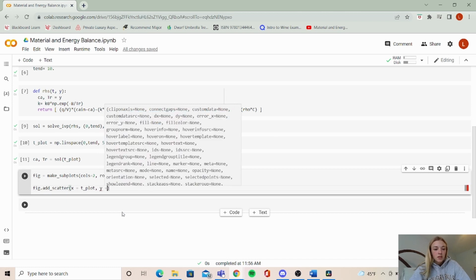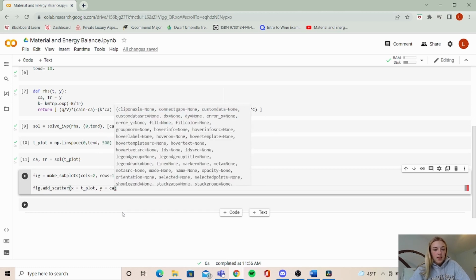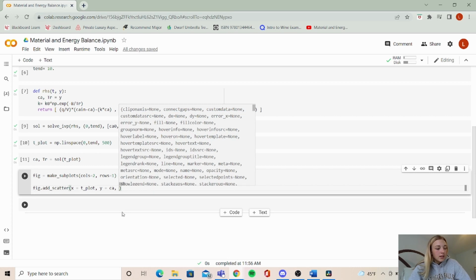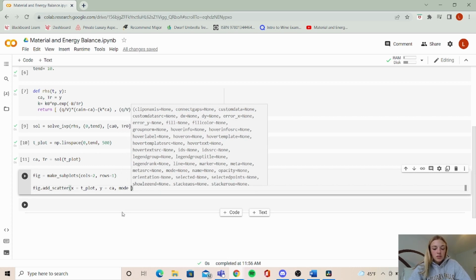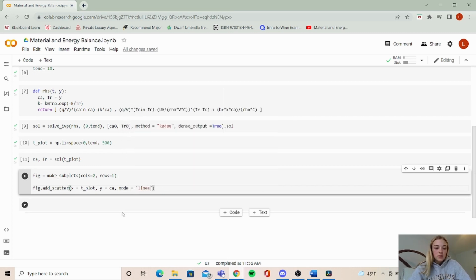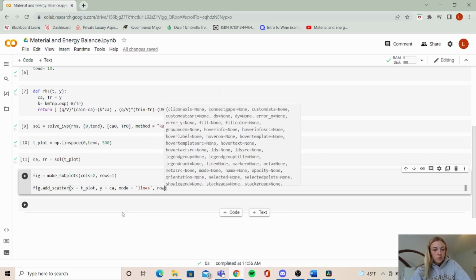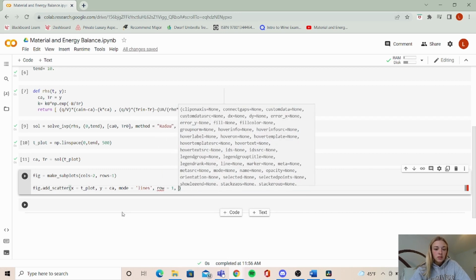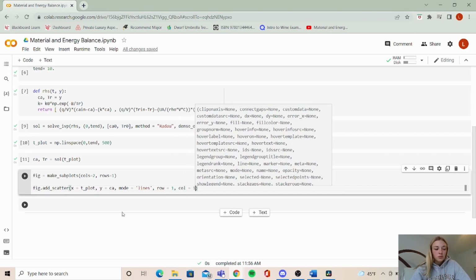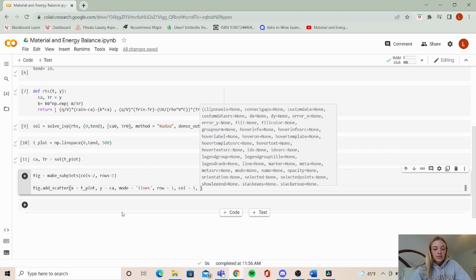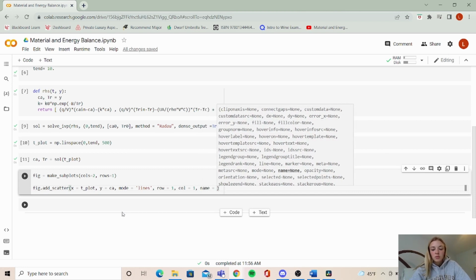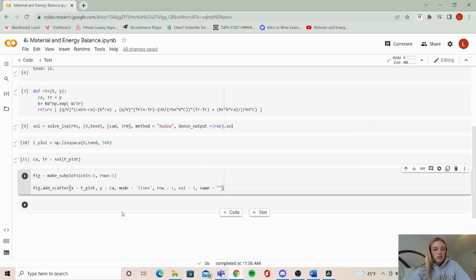Y, we can start out with the concentration of A. The mode we want to use is lines, so we can see that relationship. We want it to be row 1. We want this to be in column 1. And I like to give it a name so we know which one's which. So we'll call it the concentration of A.